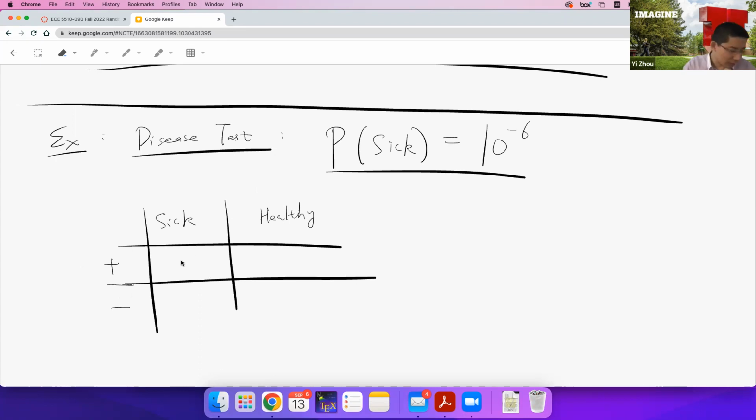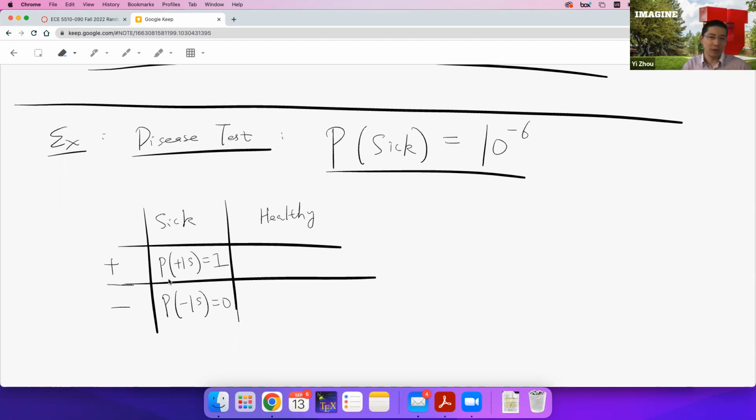Now here we are given that if a person is sick, the probability that he or she gets a positive test is 1. And on the other hand, if a person is sick, the probability of getting a negative result is 0. These two are complementary to each other. So this basically means that for this disease, if somebody has it, he or she almost surely will get a positive test result.